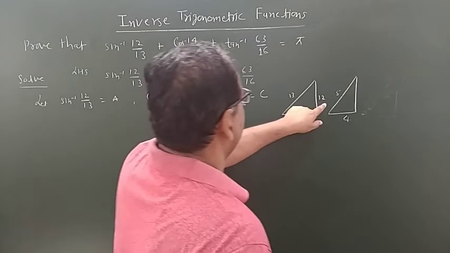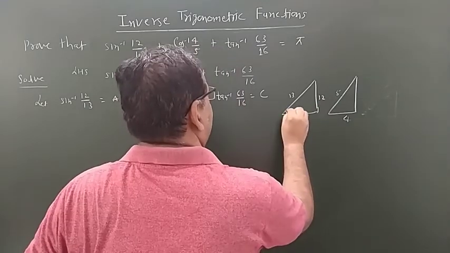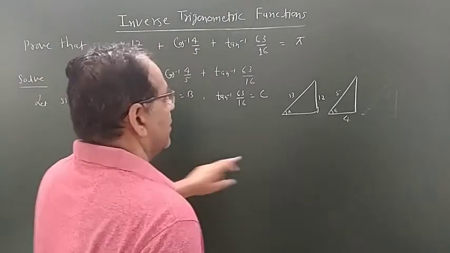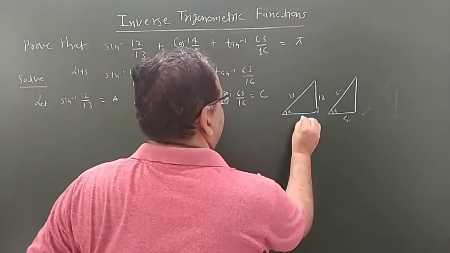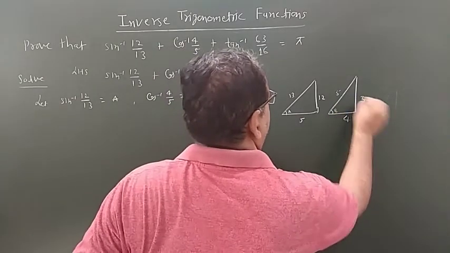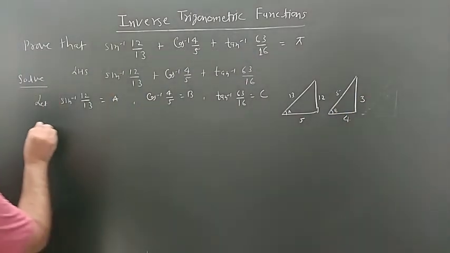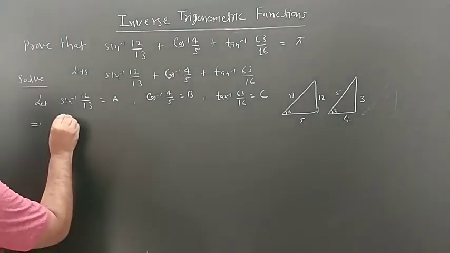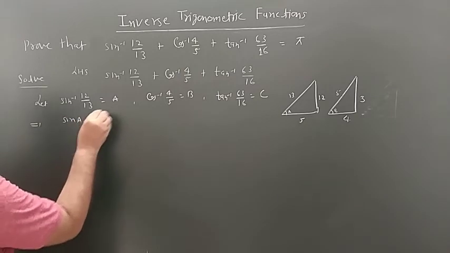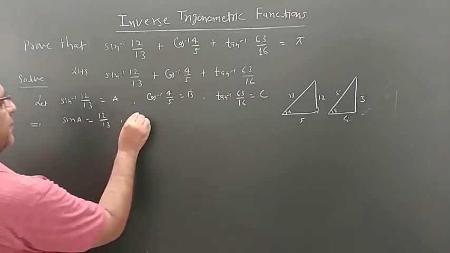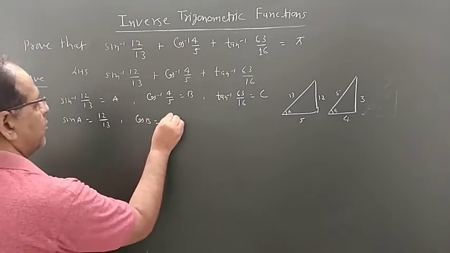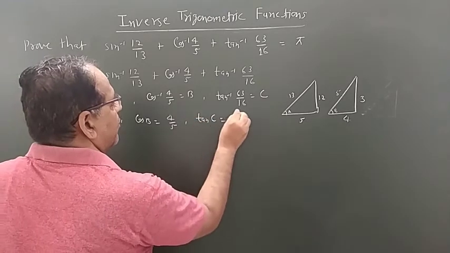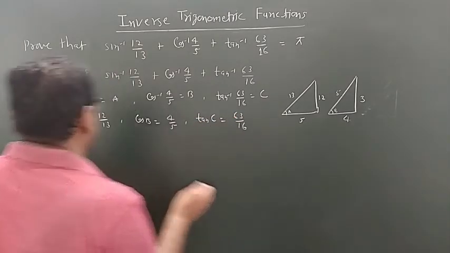By Pythagoras, this becomes 5 and this becomes 3, for the angle A and the angle B. So now sin A equals 12 upon 13, cos B equals 4 upon 5, tan C equals 63 upon 16.